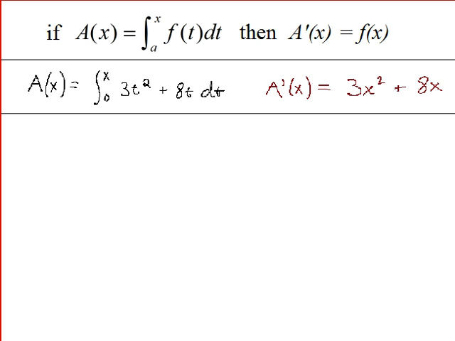If you recall, the first fundamental theorem of calculus looks something like this.